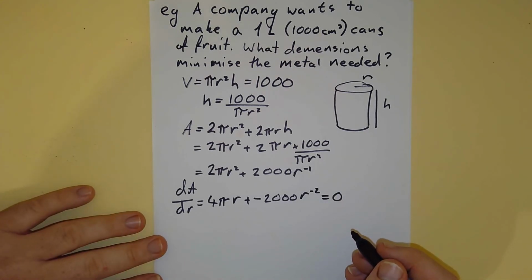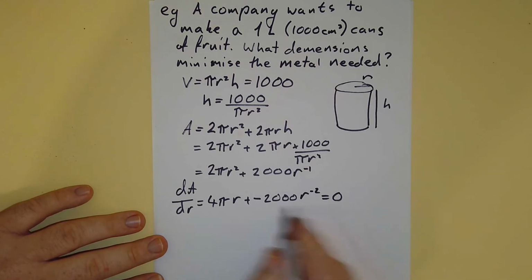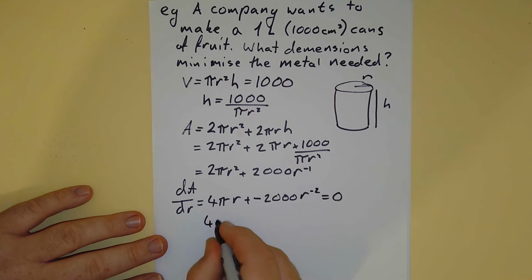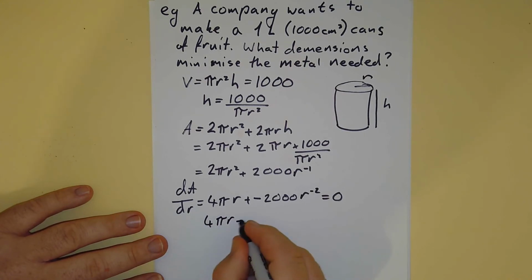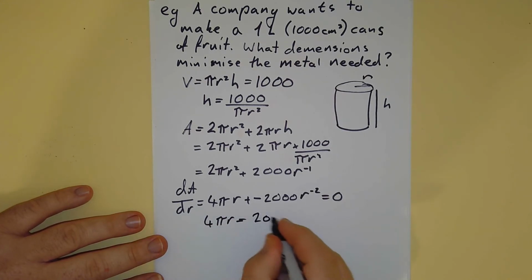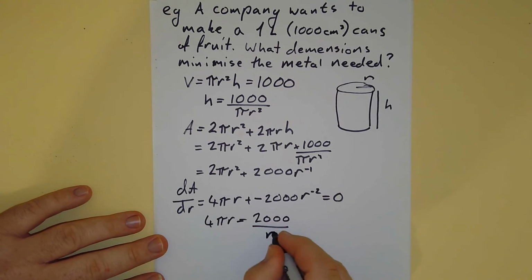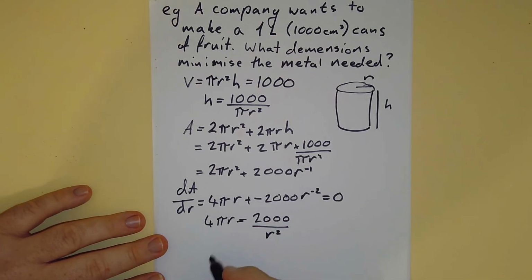So a little bit of rearranging. I'm going to add this lot to both sides. So 4 pi r equals 2,000, and I'll put the r back on the bottom. So now times both sides by r, and I'm going to divide by 4 pi.